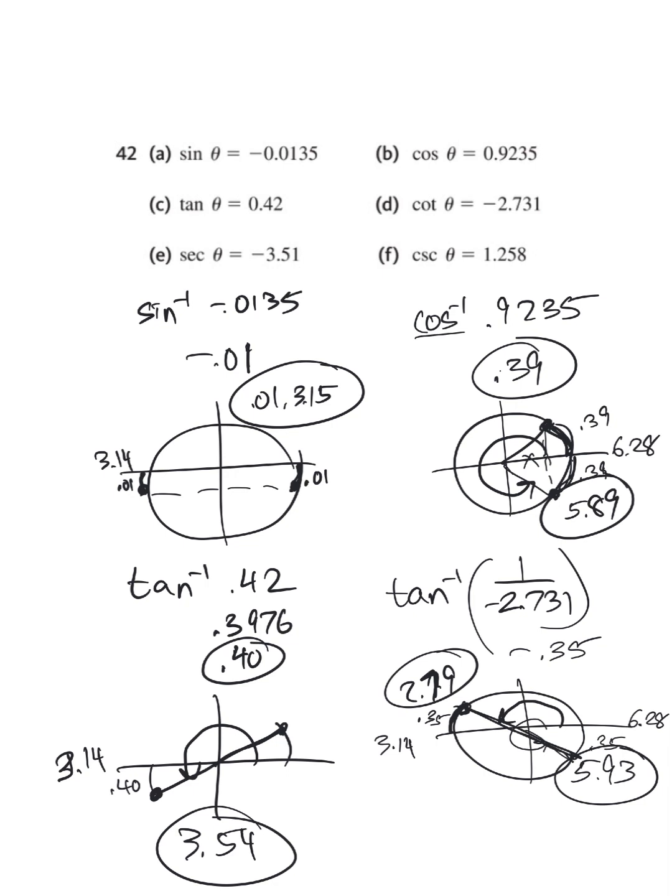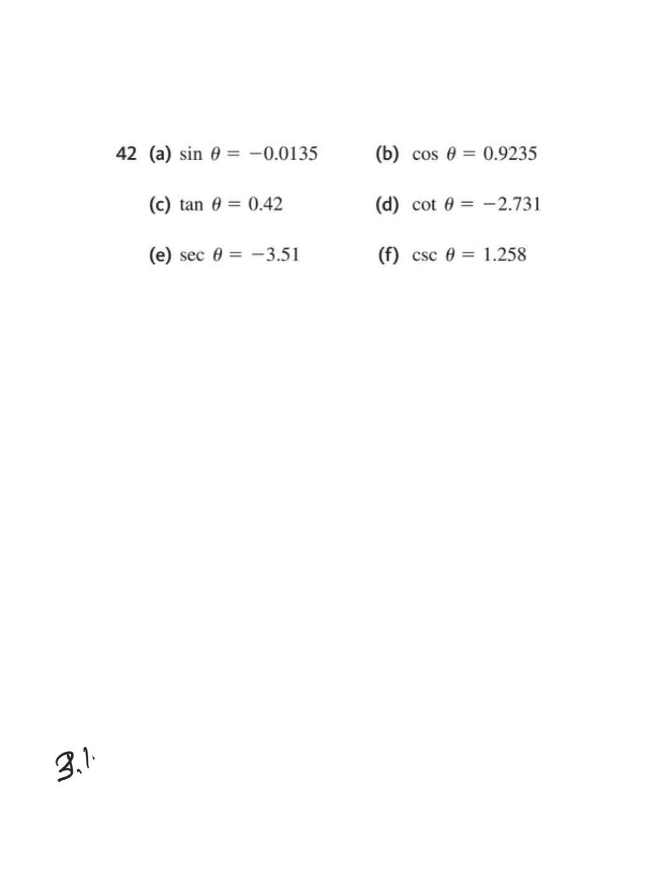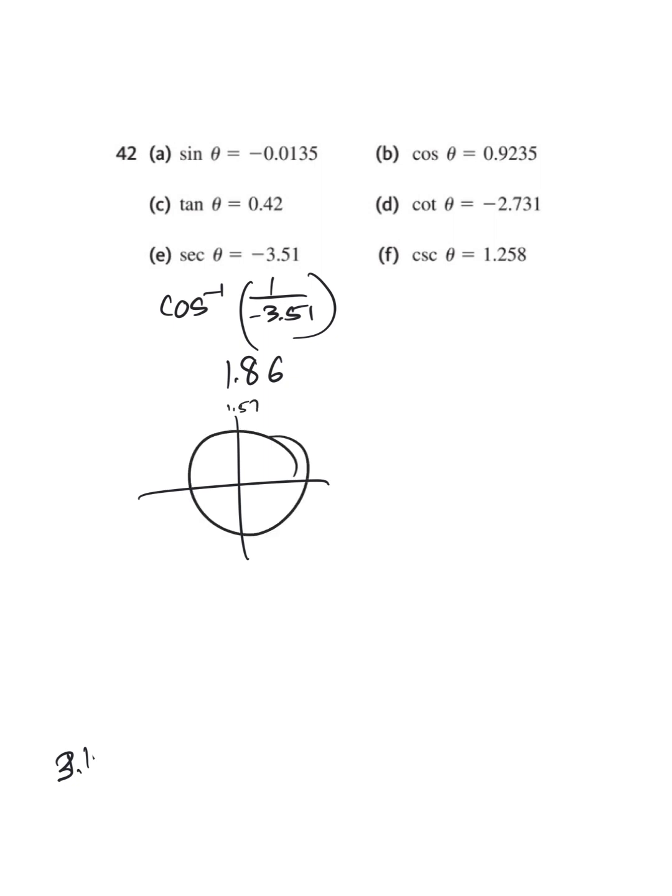Let me erase these and do E and F. Well, E is secant, so it goes with cosine. So the arc cosine of the reciprocal. Okay, so 1 divided by 3.51, that's negative 0.28. And then you take the arc cosine of that, you get 1.86. So this is 1.57, so on the unit circle, you're about right there. So that's from here, 0 to there is 1.86.